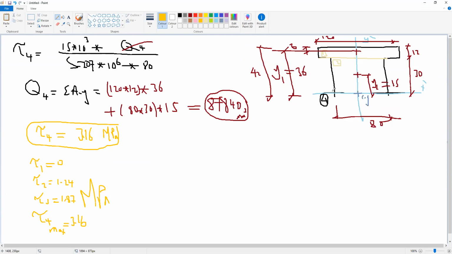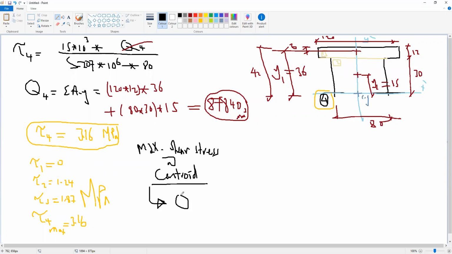Why at cut 4 is the maximum shear stress? Because you should keep in mind that the maximum shear stress will always be at the centroid. So the section at the centroid gives you the maximum shear stress, because at the centroid Q is Q maximum.